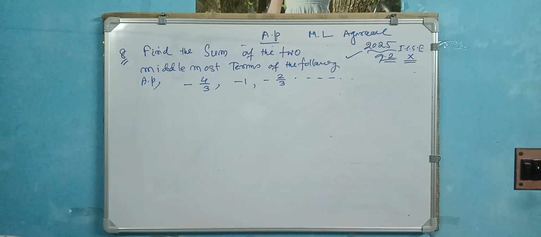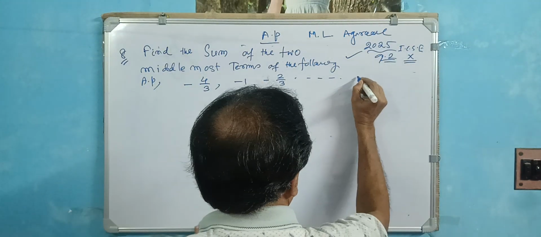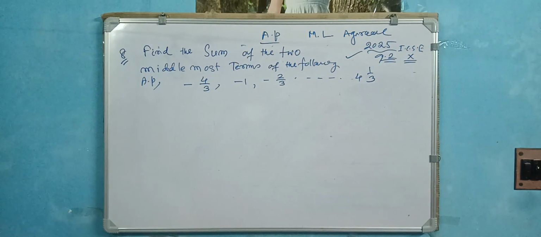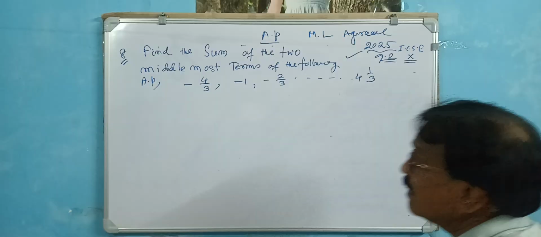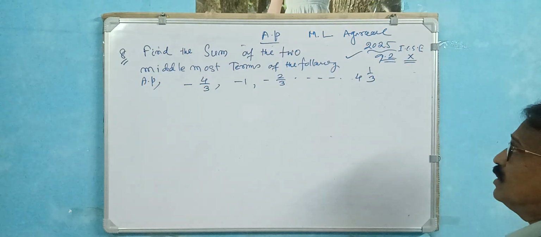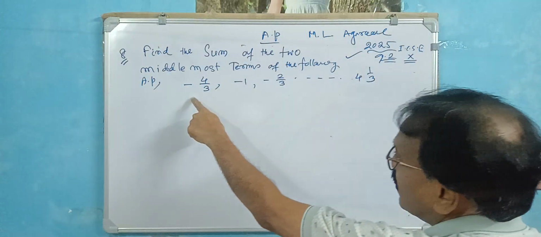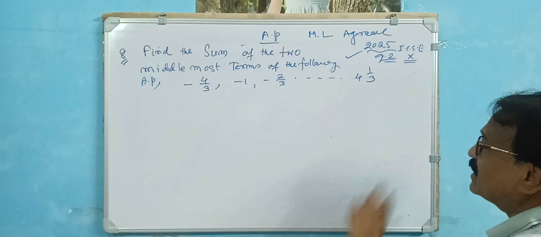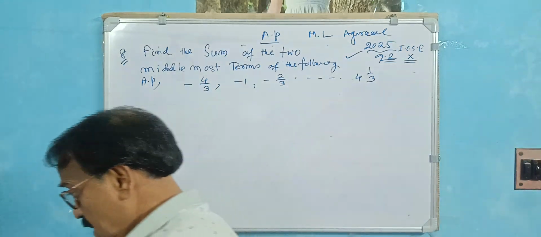This is 4, 1 by 3. This is the AP series. Last term is this. Clear? Find the sum of the two middlemost terms of the following AP. This is the first term, this is the second term, this is the third term, and this is the last term.